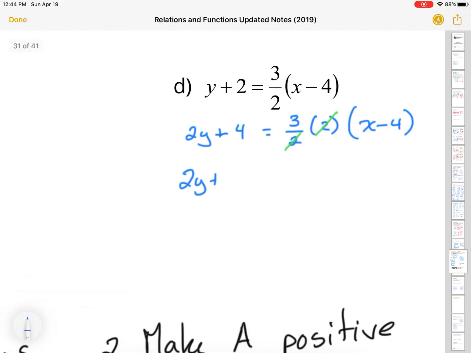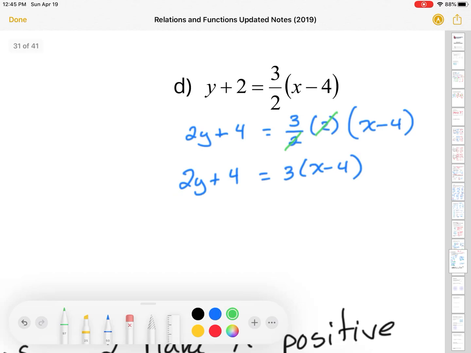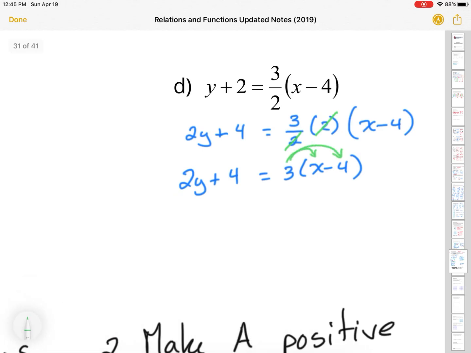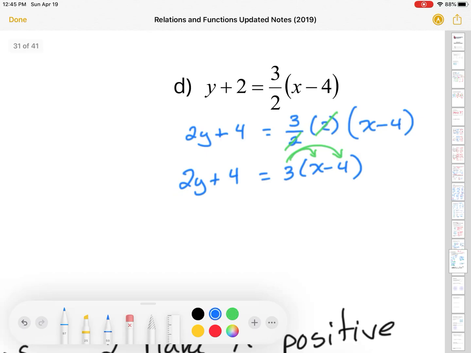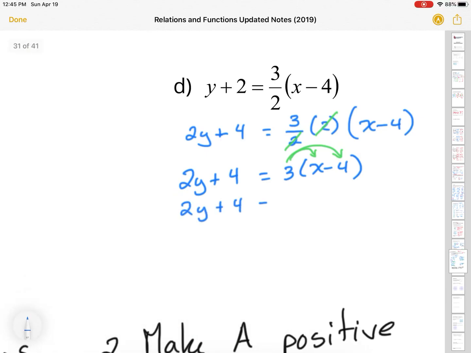So I have 2y plus 4 is equal to 3x minus 4. Now I want to distribute that 3 to everything in the brackets. So then I have 2y plus 4 equals 3x minus 12.